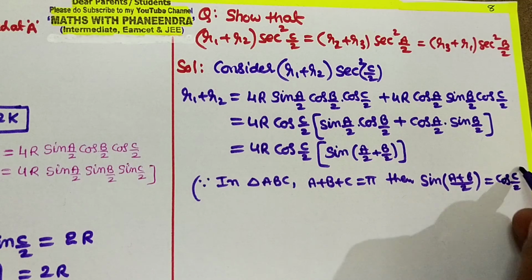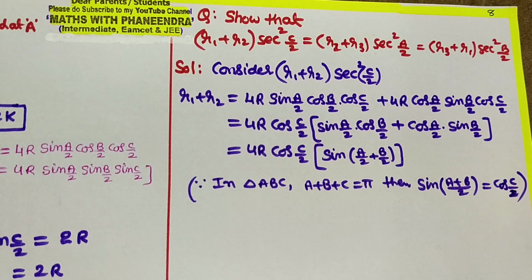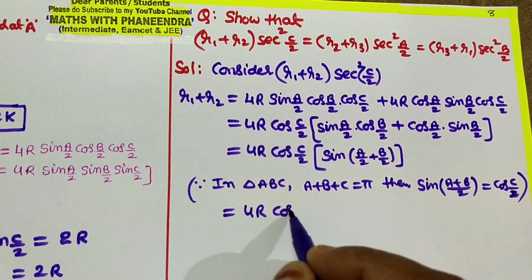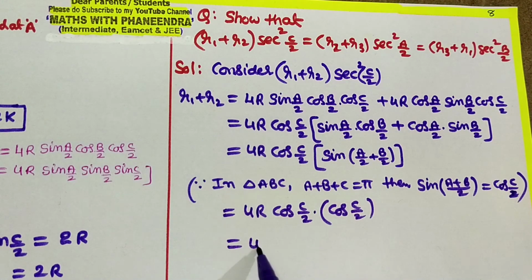In the previous classes we discussed how it will be cos C by 2. A plus B equals pi minus C, dividing on both sides by 2, (A plus B) by 2 equals pi by 2 minus C by 2. After that, sin of (A plus B) by 2 equals sin of (pi by 2 minus C by 2), that is cos C by 2. So 4R into cos C by 2 into this bracket value, which is also cos C by 2, equals 4R into cos square C by 2.